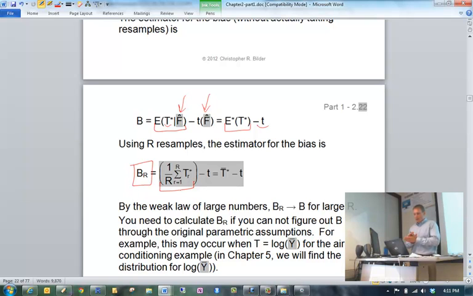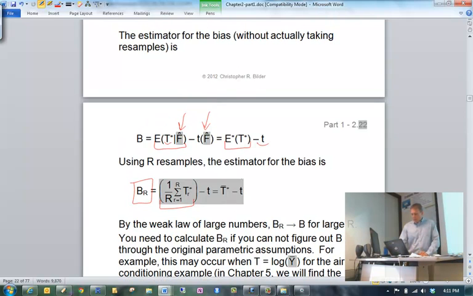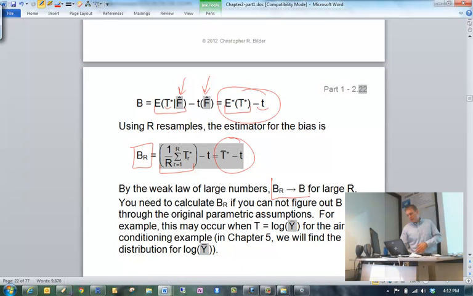Now note that because we're using the bootstrap here, this quantity, or equivalently that one, can actually be calculated. So we have a way to know what the bias is. Well, it's an estimate, but we have a way to get at it. Without the bootstrap here, you're not going to be able to do that. Of course, by the law of large numbers, this B sub R goes to B as R gets large. Okay.